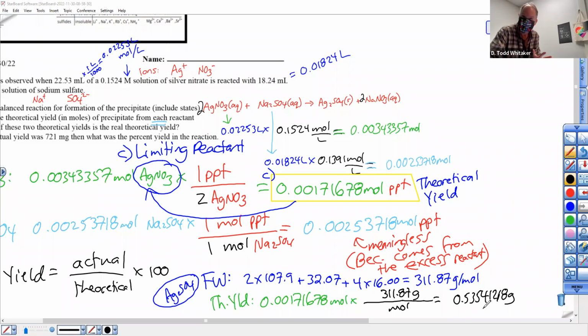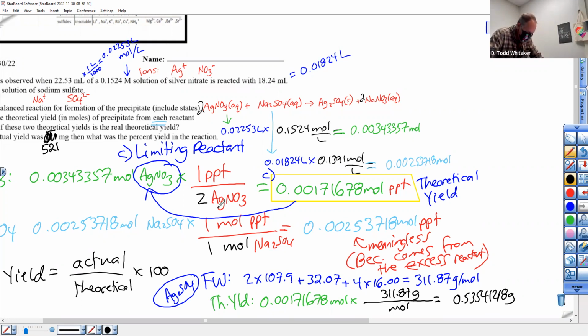My question was wrong. Easy fix, please fix your question. The actual yield was 521 milligrams. Please fix that right in the question. Actual yield was 521. I'm gonna make sure it's very clear. 521.